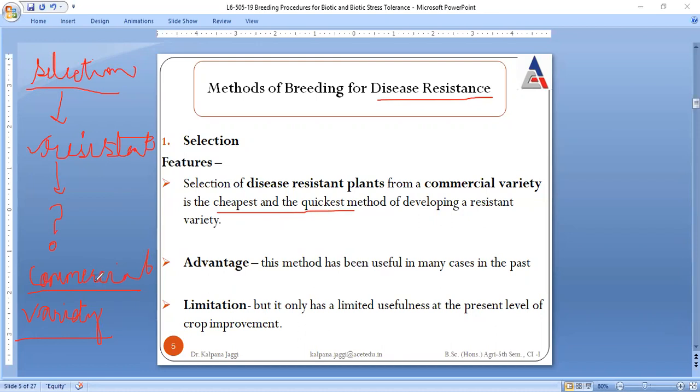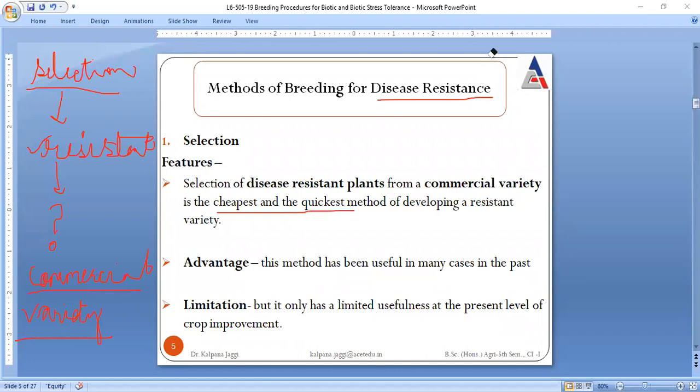And since we are already familiar with the features, it is easy to select a variety from here, and we can go for the commercial multiplication.